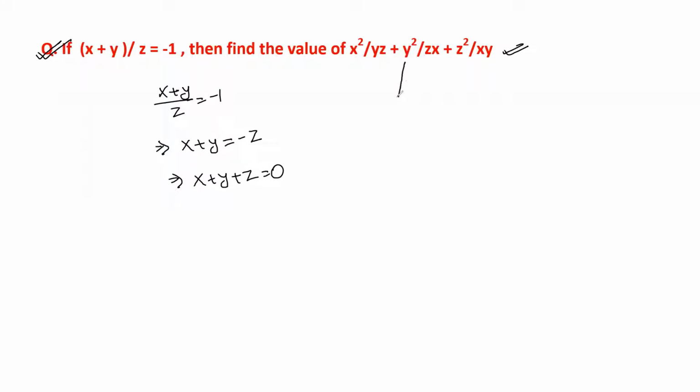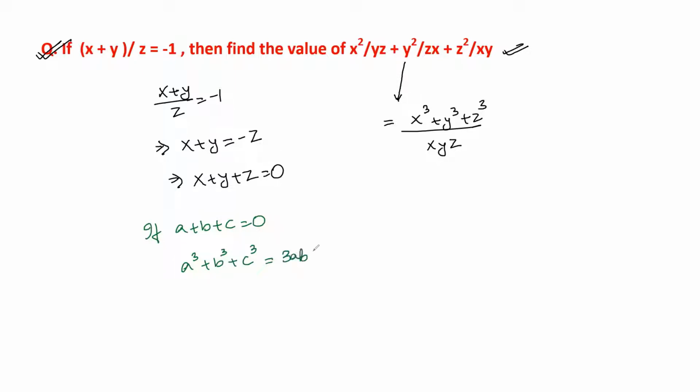Now this expression can be simplified and can be written as x cube plus y cube plus z cube upon xyz simply by taking the LCM of the denominator. And from the last video, we have seen one formula that if a plus b plus c is equal to 0, then a cube plus b cube plus c cube can be written as 3 of abc.